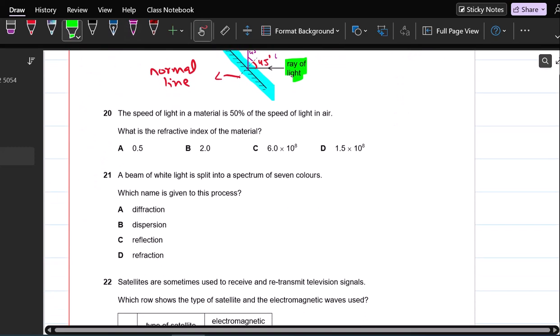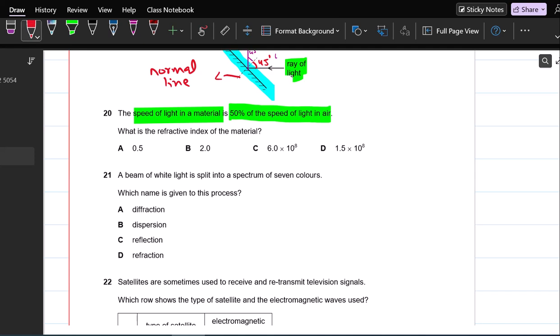Now the speed of light in a material is 50% of the speed of light in air. So the speed of light in air, or you can say vacuum, I name it as C. It is 3 × 10^8 meters per second.